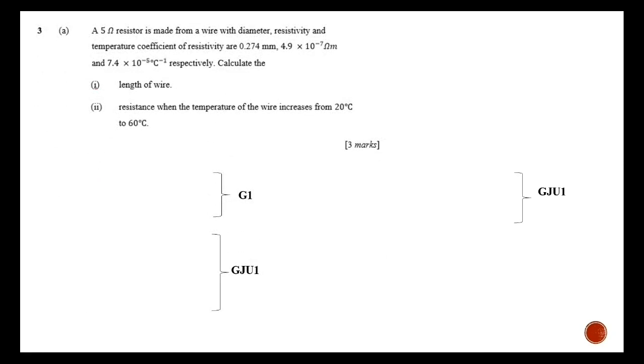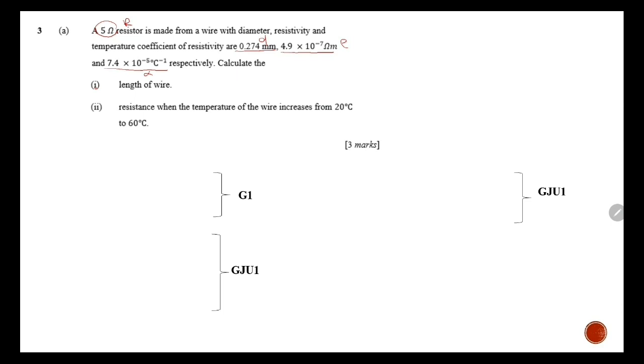3A. A 5 ohm resistor is made from a wire with diameter, resistivity and temperature coefficient of resistivity of 0.274 mm, 4.9 times 10 to the power of negative 7 ohm meter, and 7.4 times 10 to the power of negative 5 per degree Celsius, respectively.